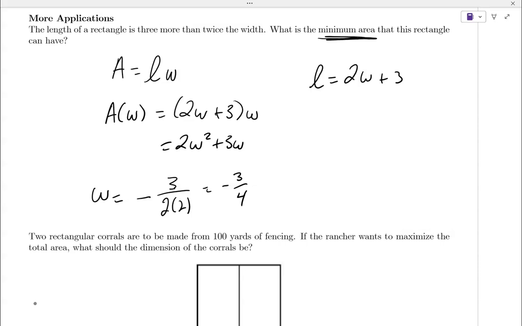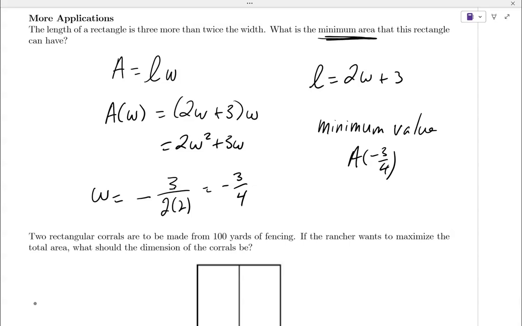So the minimum value, and again, I'm ignoring context because, like I said, this problem's already defective because negative 3/4 doesn't make any sense. The minimum value would be plug in negative 3/4 into the function, right?